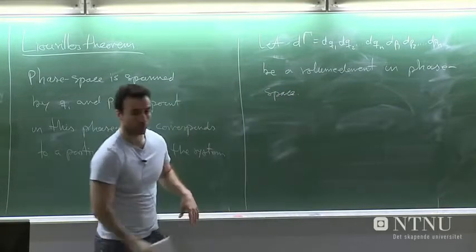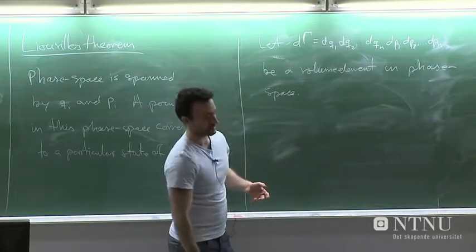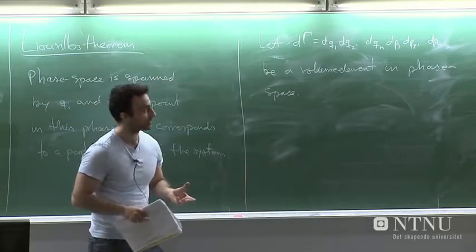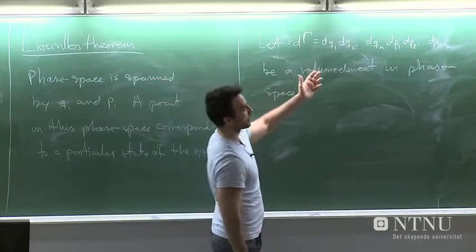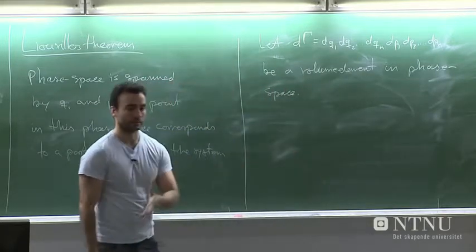Let me introduce this quantity here, d gamma, as an infinitesimal volume element in this phase space. So it's just the product of all the infinitesimals of all the coordinates and all the canonical momenta.